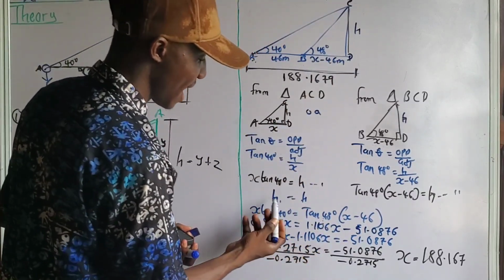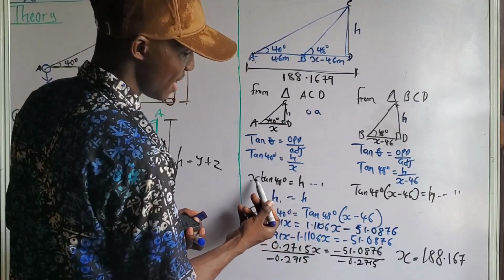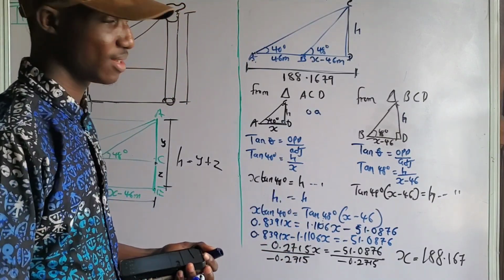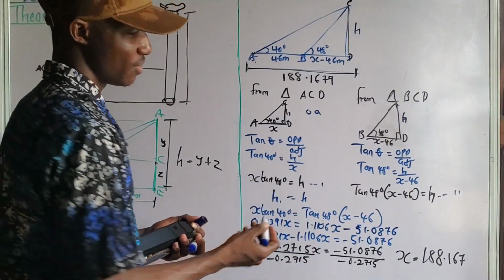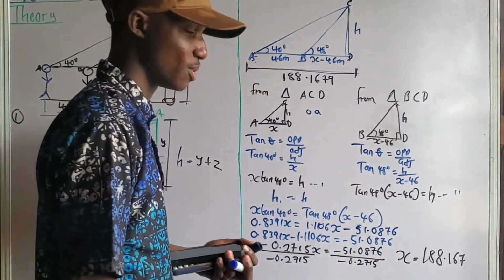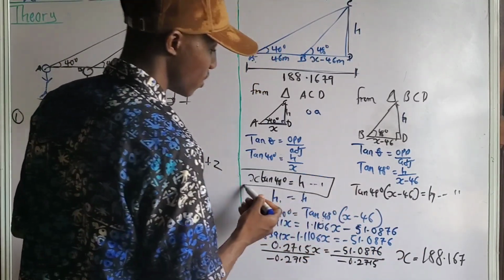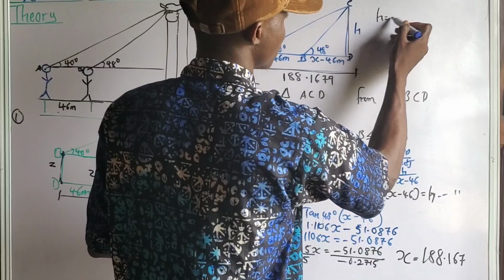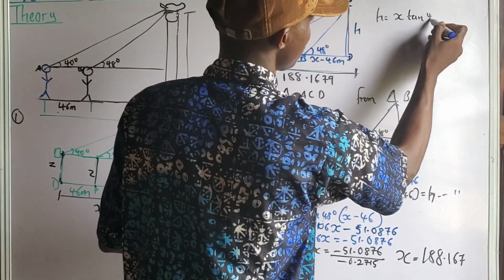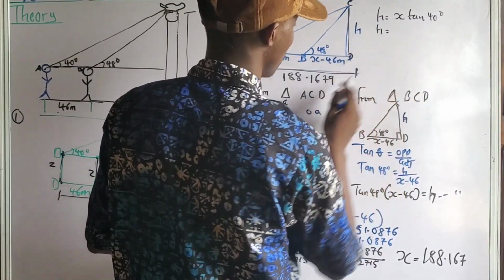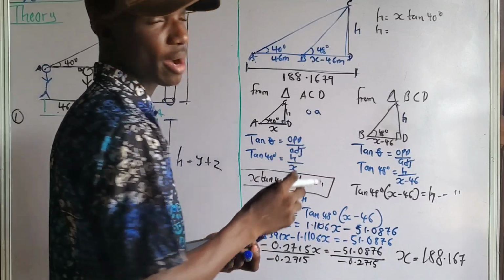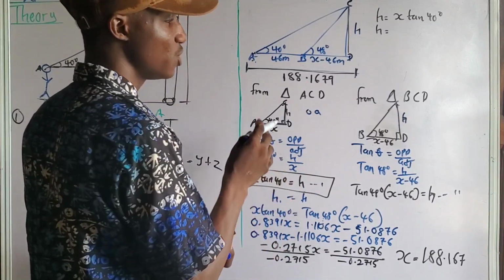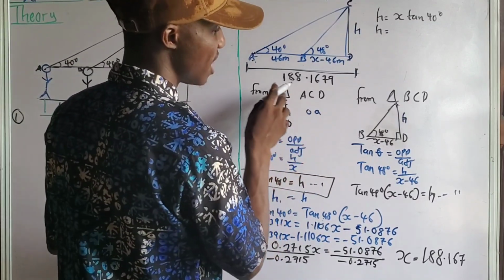Don't forget that the height is x tan 40 degrees. We can use either of these two equations to get the height, but let's make use of this one. So the height equals x tan 40 degrees. Now don't use the approximated value; use the real value.